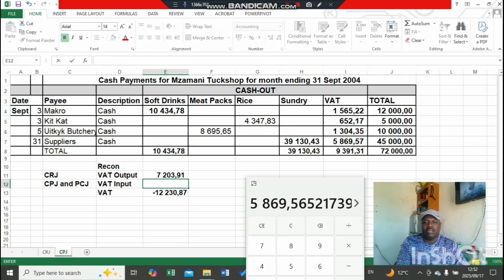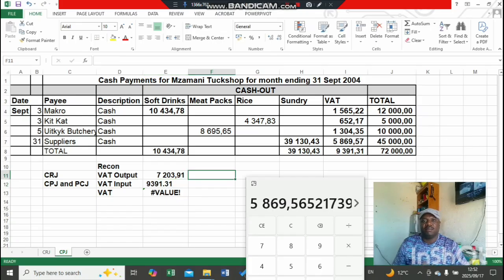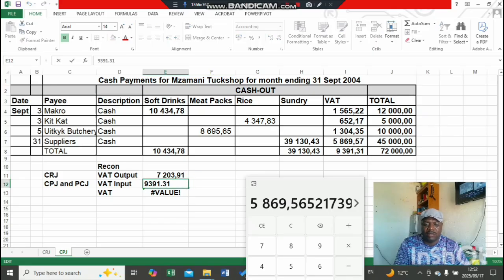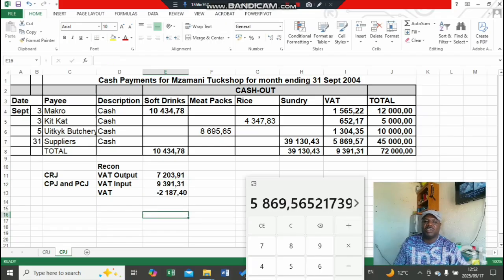And then the VAT input, when we are charged VAT by suppliers, they charged us 9,391.31. This is where I went wrong. SARS owes us a 2,187.40 refund. Mzamani, they owe Mzamani, not us. I hope you get it.